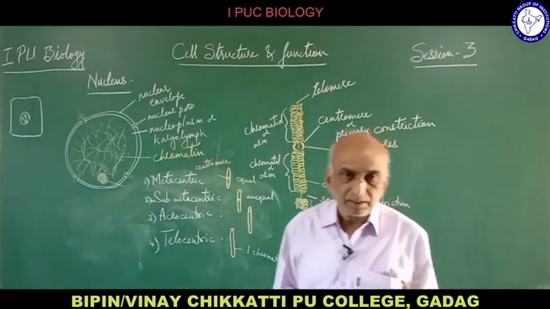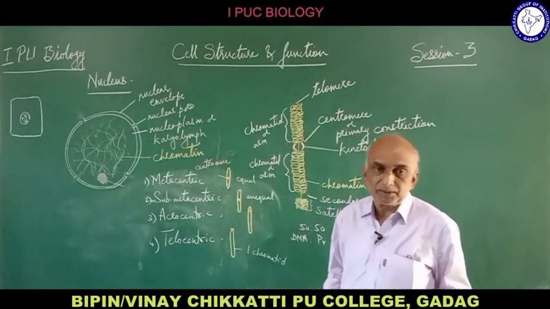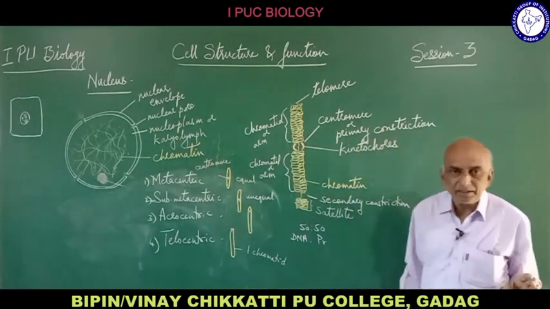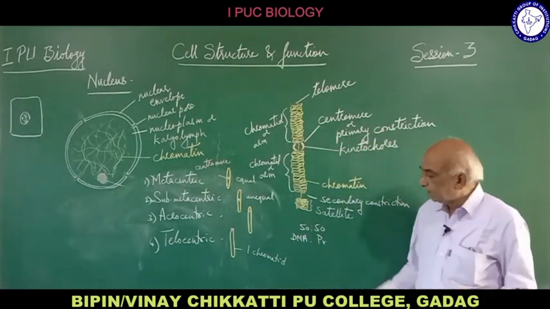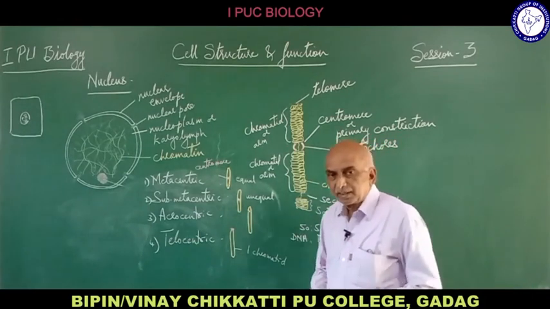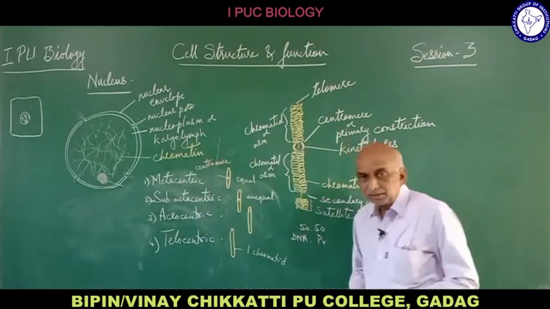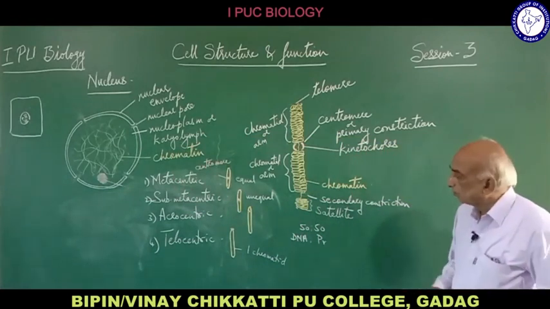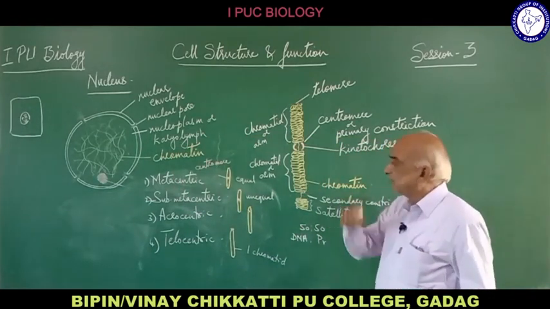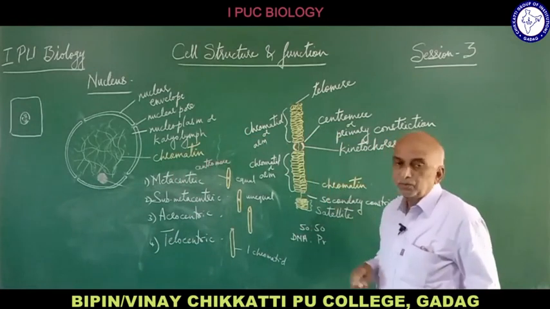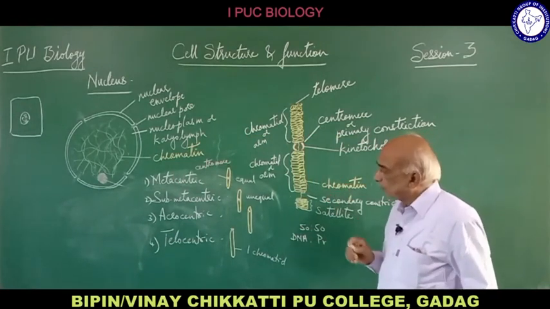So the total amount of DNA is almost equal to the amount of the proteins, which are either histones, and also non-histones. There are histone proteins and non-histone proteins in the nucleus or in these chromosomes. So that is about the chromosomes.